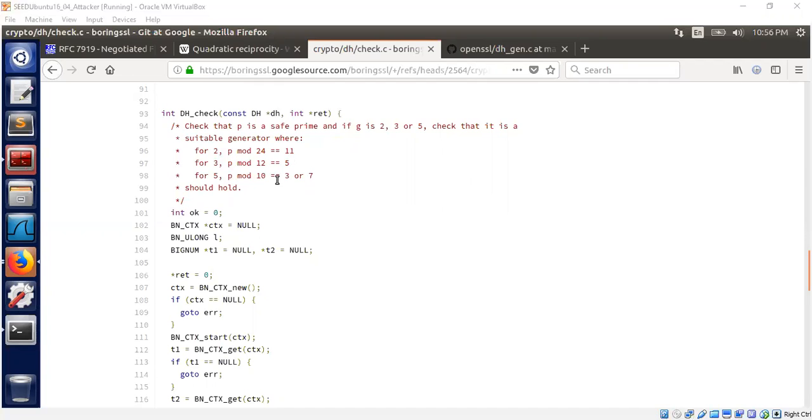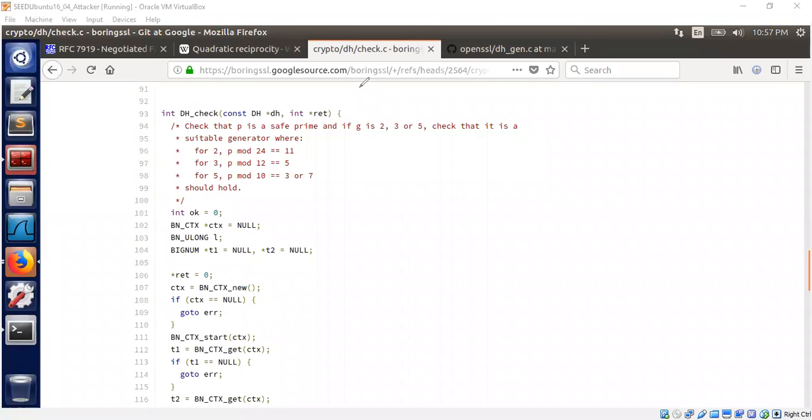They check whether a given prime is a safe prime first, and then they check whether G, 2, 3, or 5, is a good generator, right? We have seen how to do that in the past videos. We used very simple tricks like this one.